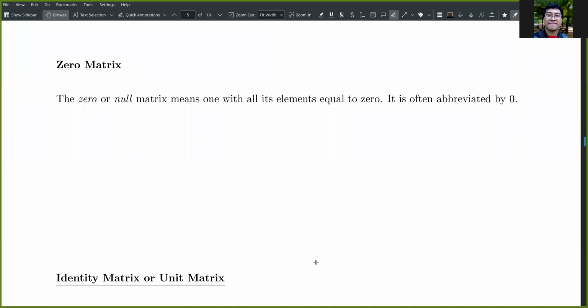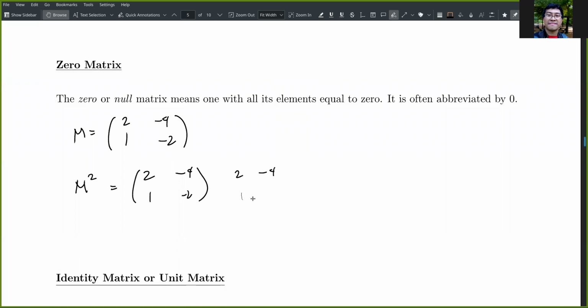Okay, let's proceed. The zero or null matrix is a matrix where all of its elements are zero. It is often abbreviated by zero. For example, if you have M equals 2, negative 4, 1, minus 2. So M squared would be 2, negative 4, 1, minus 2 times 2, negative 4, 1, minus 2.